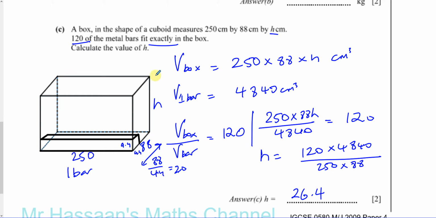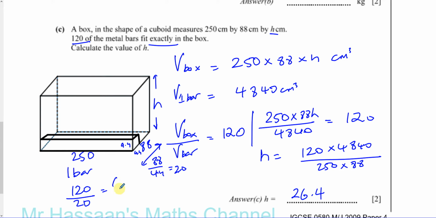So that means the number of bars in the height is going to be, we know there's altogether 120. It's going to be 120 divided by 20 times 1, which is 6.